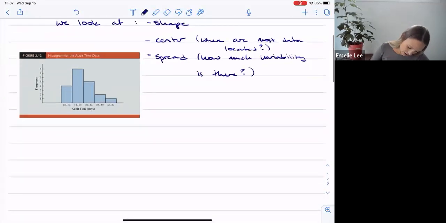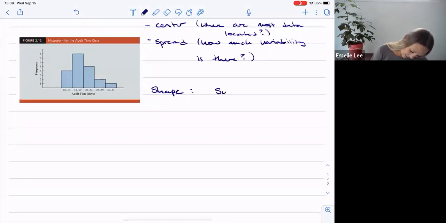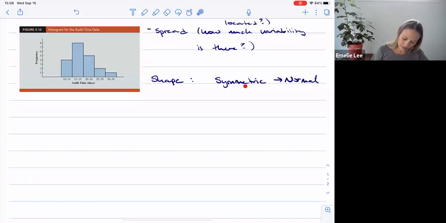And so for the shape, we can have symmetric, which is later going to be maybe a normal distribution. Okay. Symmetric about the center, right? So symmetric, and then I should say, oops, around the center, right?